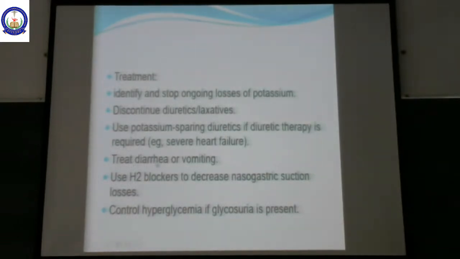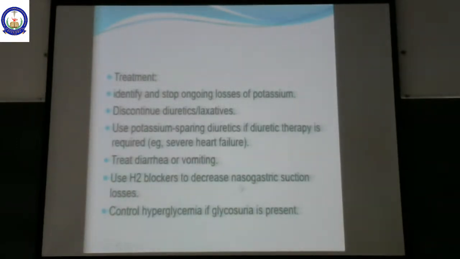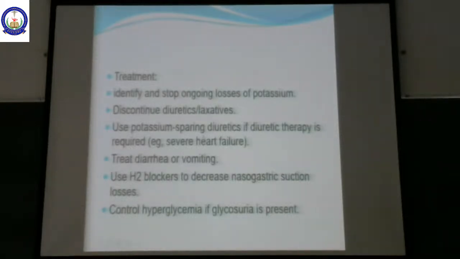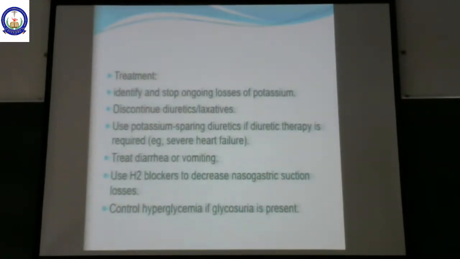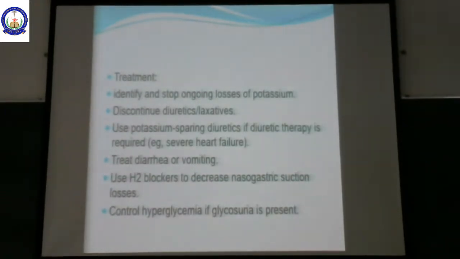Then treat the diarrhea and vomiting and use H2 blockers to decrease nasogastric suction losses and control hyperglycemia very close to 8%. See, basically you are trying to treat the cause so that the hypokalemia will be treated.